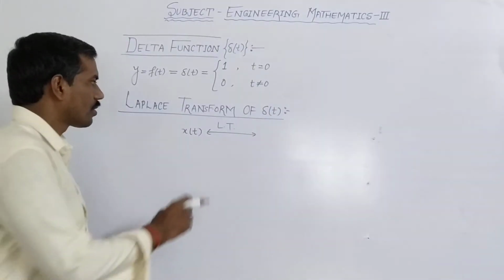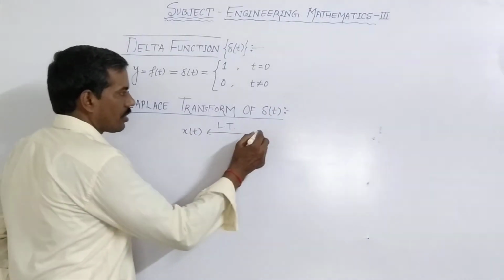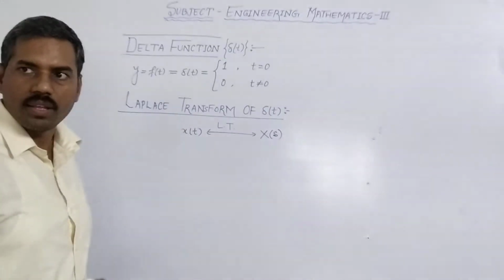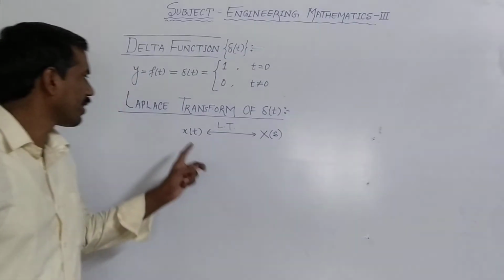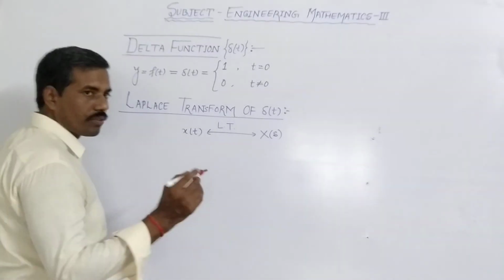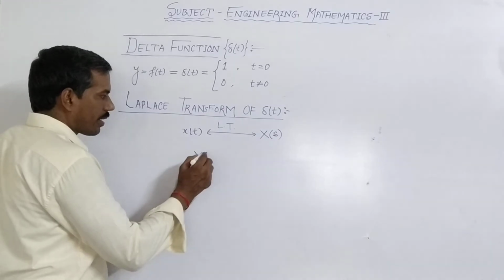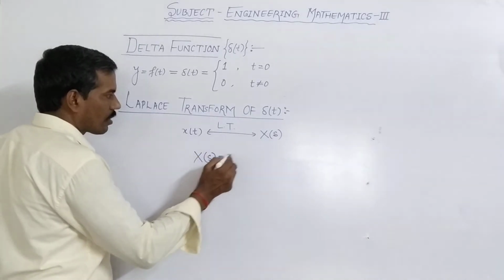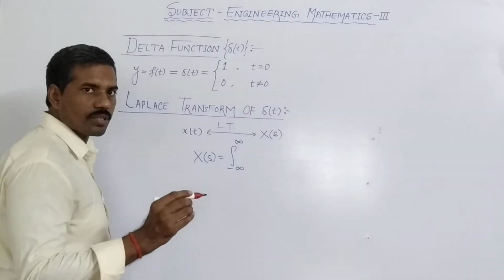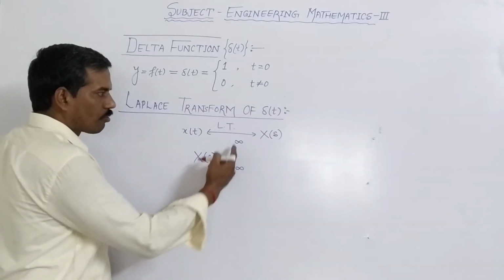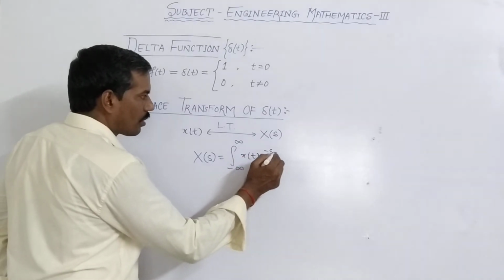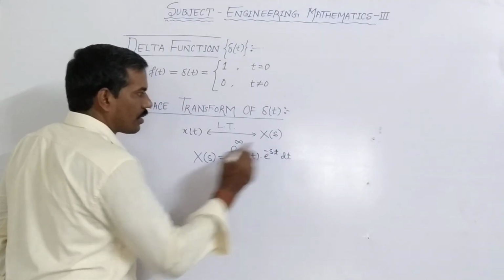Okay, let the Laplace transform of x(t) be X(s), and from the definition of Laplace transform, X(s) is equal to the integration from minus infinity to plus infinity of x(t) into e to the power minus st dt.